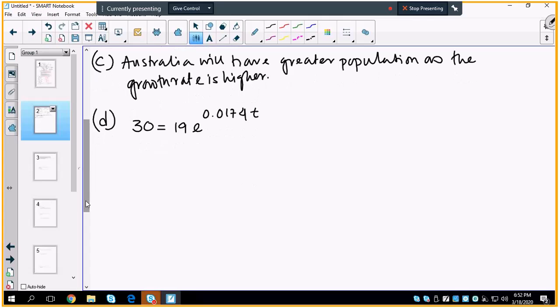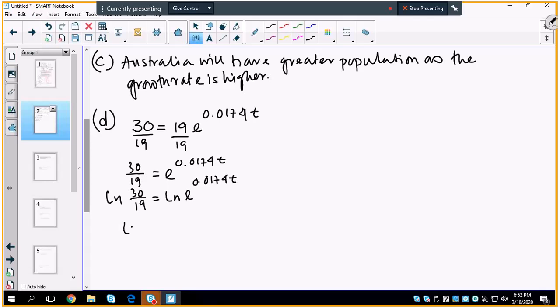So let's see. Again, it's an exponential equation. So divide both sides by 19. You get 30 over 19 equal to e to the power 0.0174t. Then you take the natural log on both sides. You get natural log of 30 over 19 equal to natural log of e to the power 0.0174t.